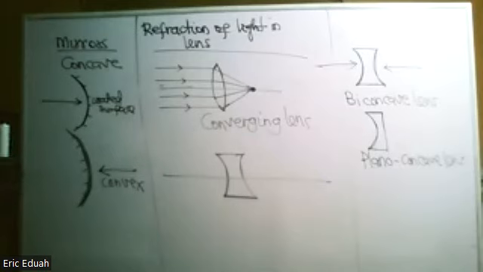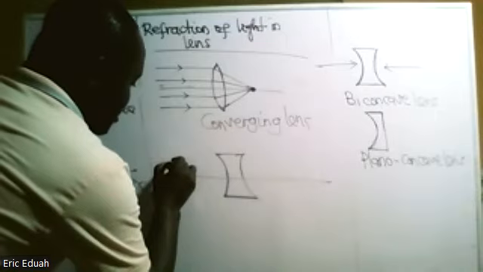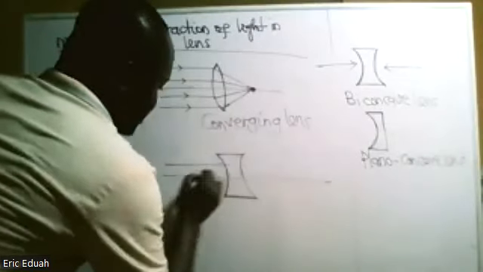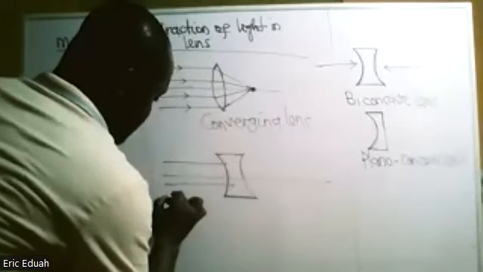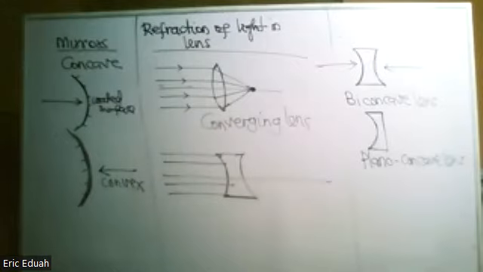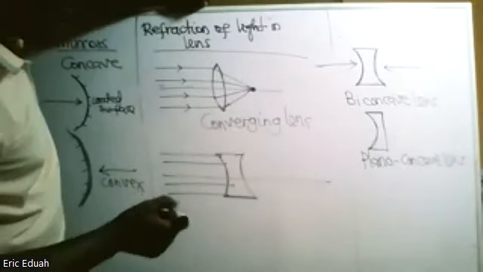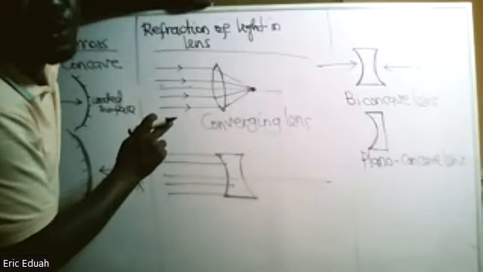When you incident a parallel beam of light, when they hit it, what happens is that this lens refracts.